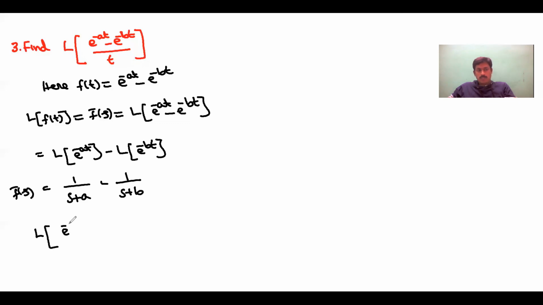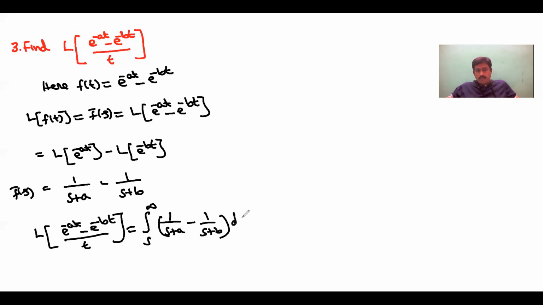L of (e power minus at minus e power minus bt) divided by t equal to integral s to infinity f bar of s. The f bar of s is 1 by s plus a minus 1 by s plus b into ds. Integral of f dash of x divided by f of x into dx equals log of f of x.